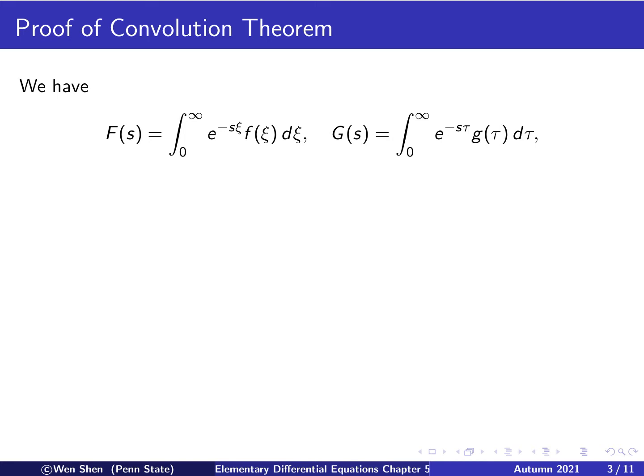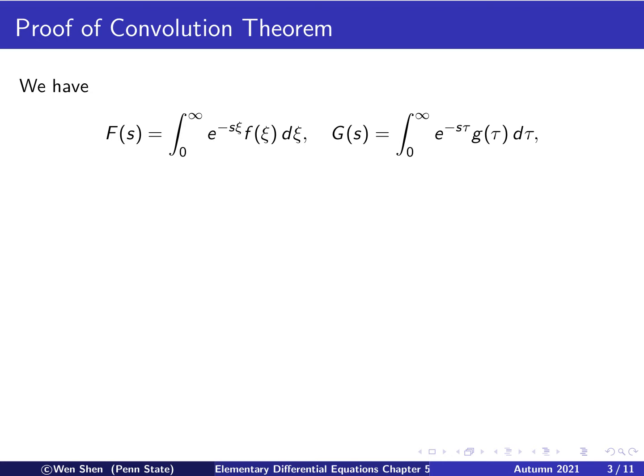Okay, let's now provide a proof for that. In the definition of the theorem, we know that capital F and capital G are Laplace transforms of the functions little f and little g. So let's write out. This means capital F of s equals this integral, where we call the integration variable psi.